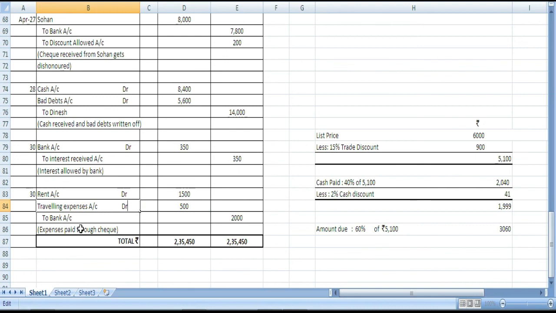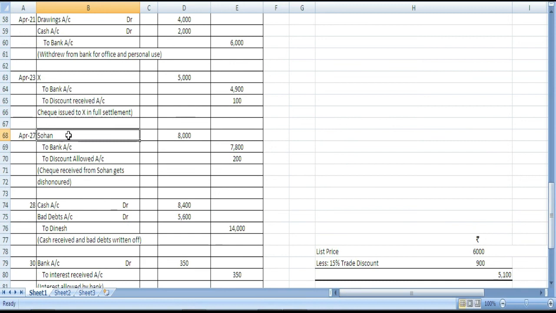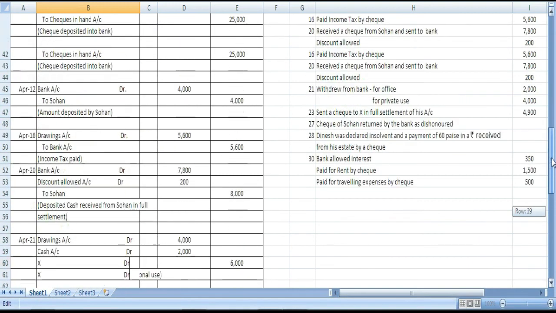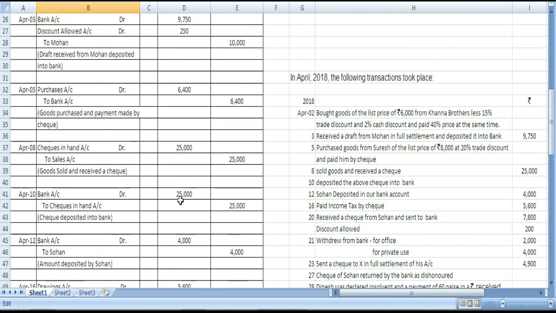So, we will write to bank account, and total 2000. Let me complete this. Will be debited, then this also will be debited. So, whenever we are paying through check, we will simply write to bank because bank is giving.